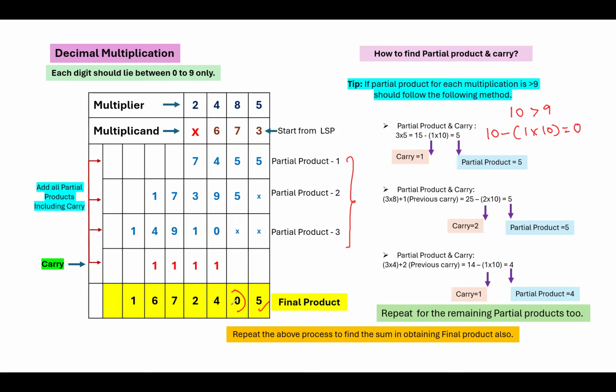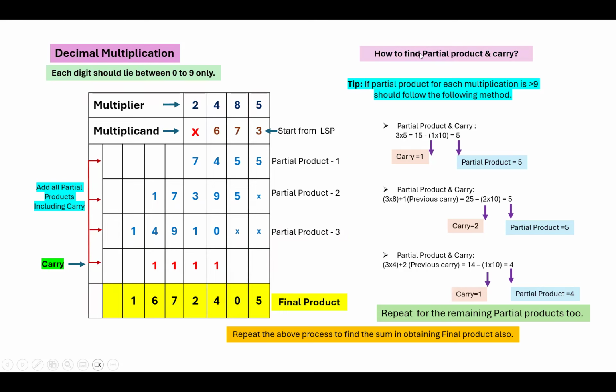Therefore 0 at this place, 1 is carry. 4 plus 9 plus 1, 14. So 14 means 4, carry 1. Next, this is 12. 12 means 2, carry 1. Next, this is 17. 7, carry 1. This is 6 directly. Next, 1. This is our final product value.